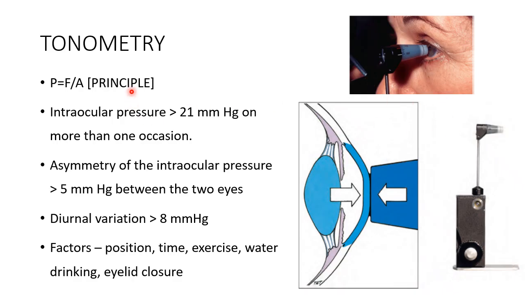What is the principle? Often asked in exam, what is the principle of Goldman applanation tonometry? This is known as the Imbert-Fick principle. Now, imagine the cornea to be a part of a perfect thin-walled sphere.